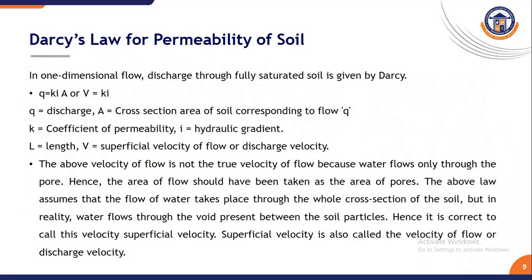After that i is the hydraulic gradient, and L is the length, V is the velocity of flow or discharge velocity. Okay, these are all very important things used in Darcy's law to analyze the permeability of soil.